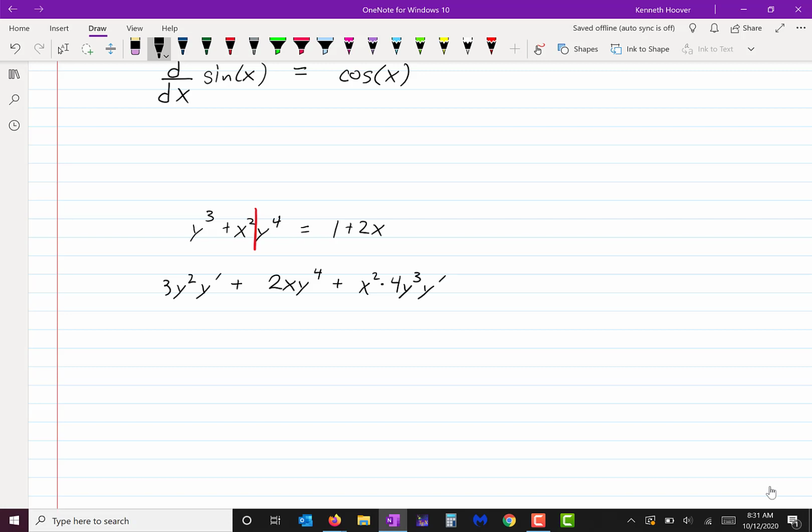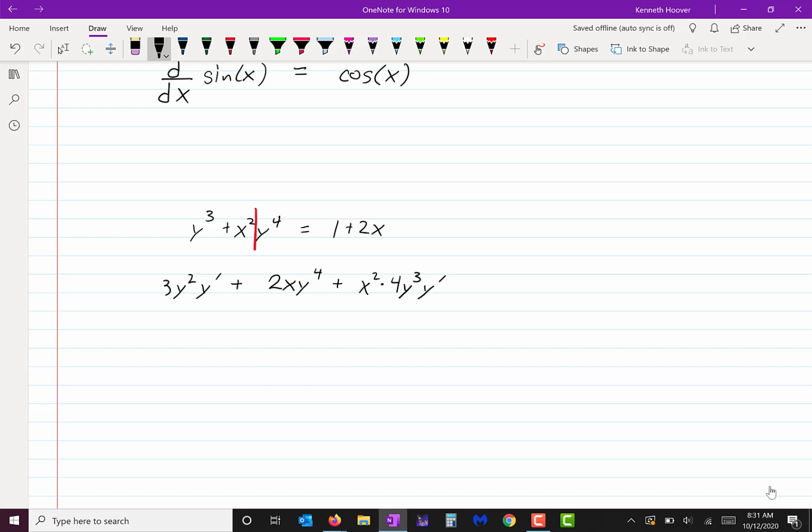Okay? So you might be picking up on the fact of every time there's a y and we do the derivative, you just have to remember to multiply times y prime at the end. But I want you to understand why. It's because of the chain rule and because y is a function of x.